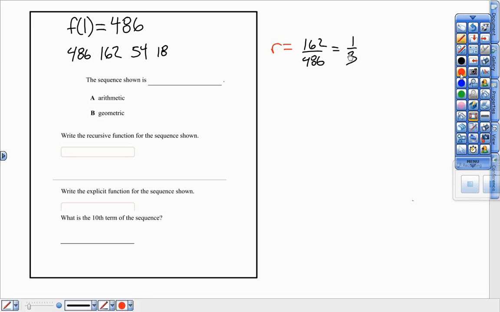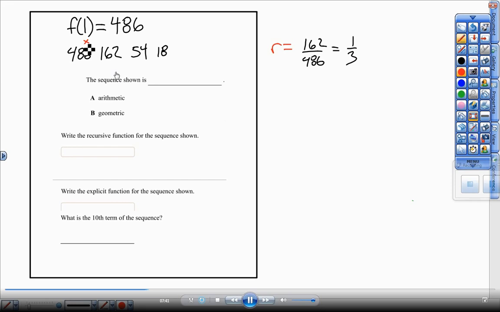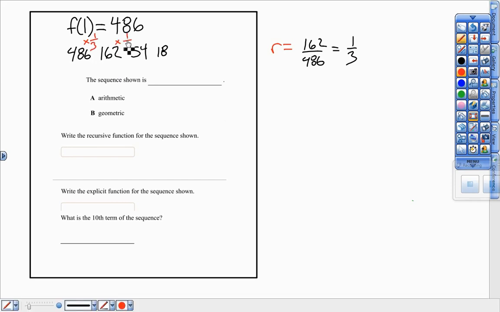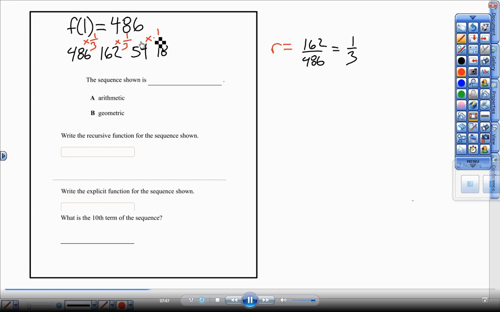But that is my common ratio, timesing by 1/3, timesing by 1/3, timesing by 1/3. Going to the right, multiplying by 1/3. The first term here, which is indicated here, is 486.